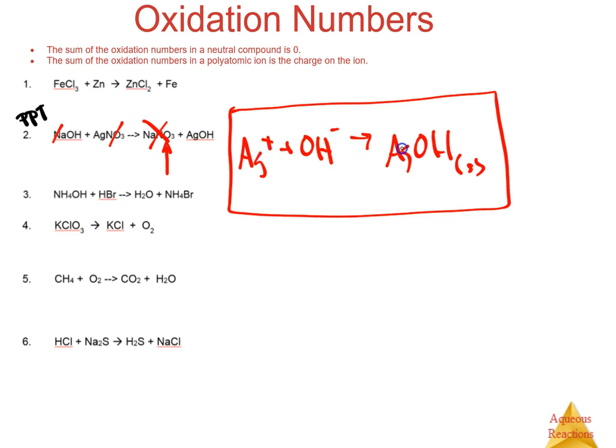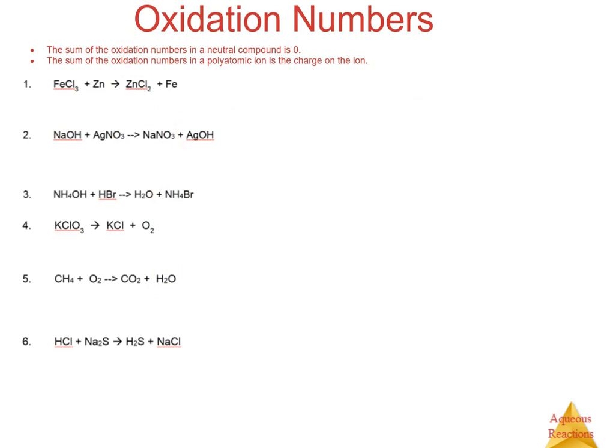Silver hooked up with OH and made silver hydroxide. Yep, it's the one that is not soluble, the one that is insoluble.